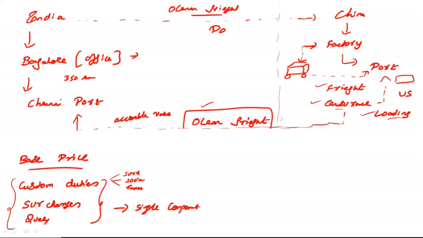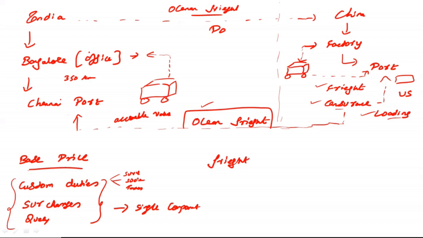Okay, and then once the material is released from the China port, you need a truck to transport the material to your manufacturing industry or the Bangalore office. So again, you will have the freight, right from this place to this place.